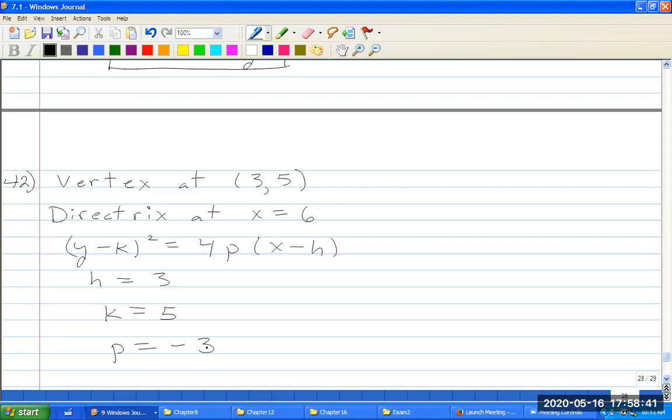So I have to go negative 3 to get to my focus. And so p is equal to negative 3, or in the directrix, I have 3 minus 6 is negative 3.